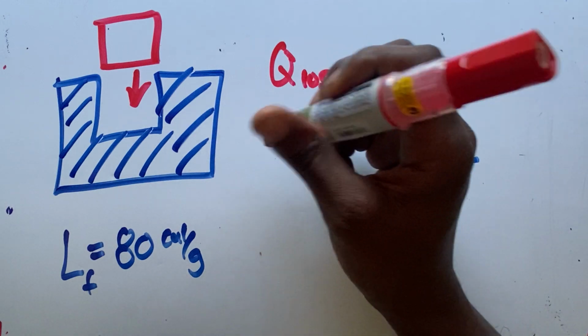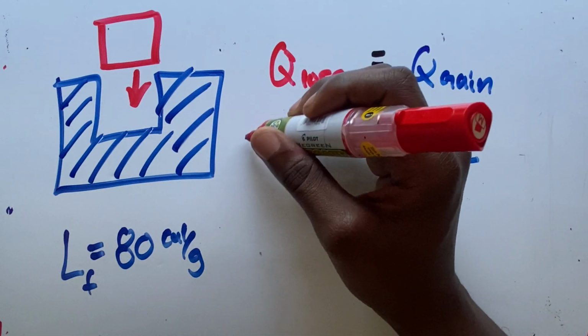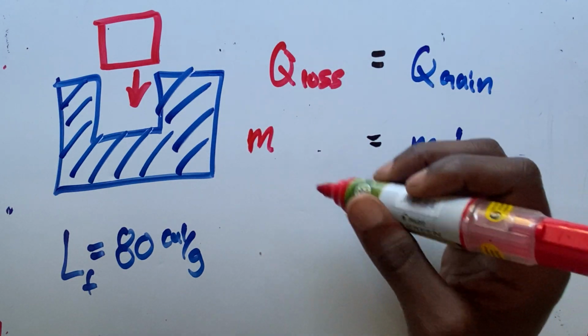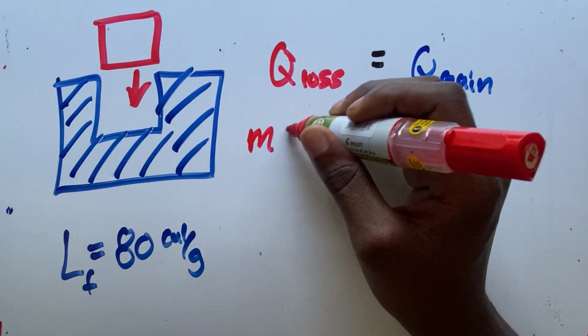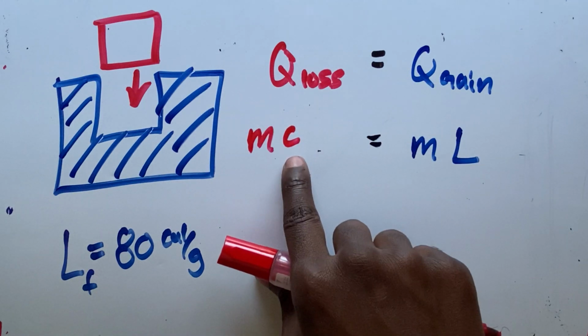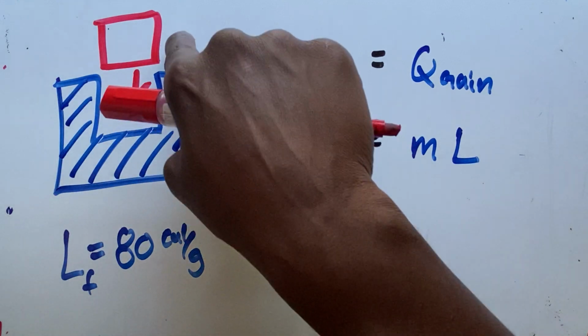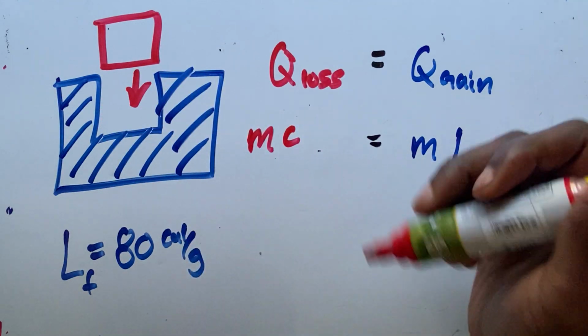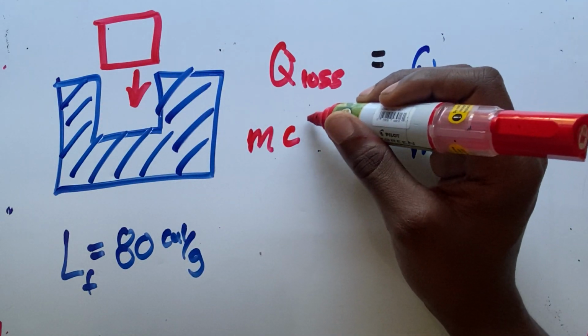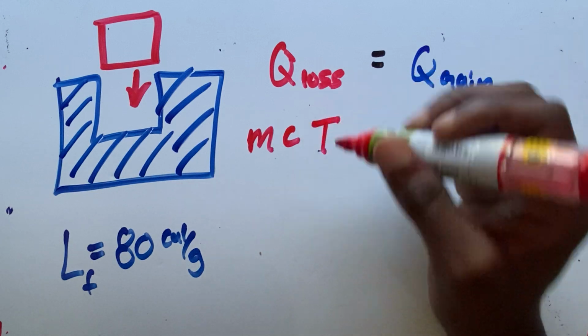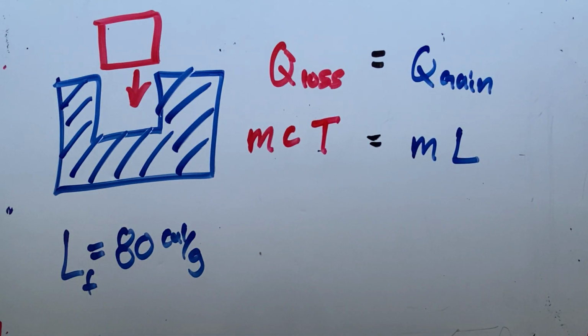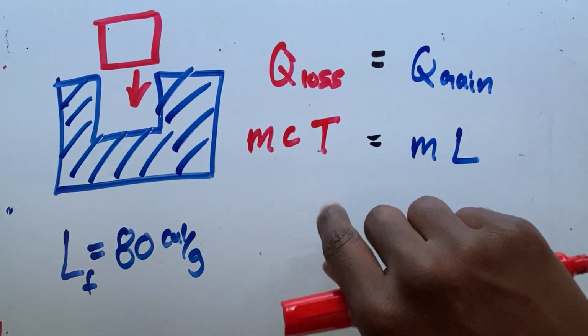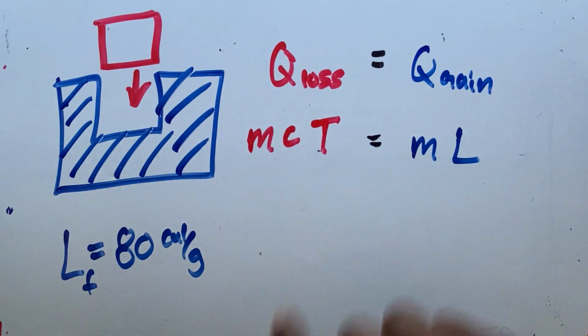And so for that, we're gonna use the other heat equation, which is just gonna be mass of the iron times C, which is the specific heat of the iron, times T, which is going to be the temperature of the iron.